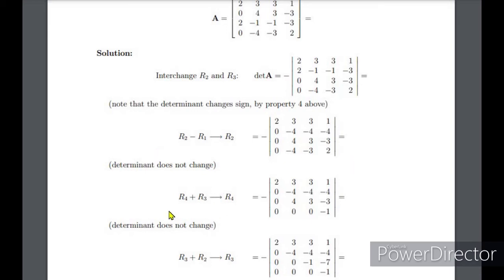The next step is we add the elements of row 4 and row 3 to yield the new row 4. From this previous matrix, we just add row 4 and row 3. So 0 plus 0 is equal to 0. That is why it is 0 here in row 4.